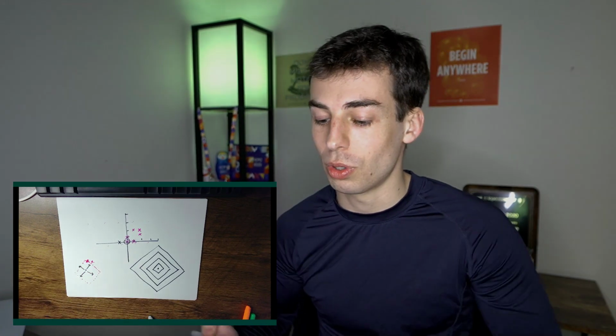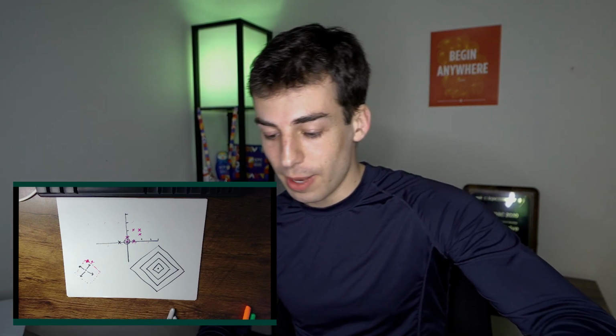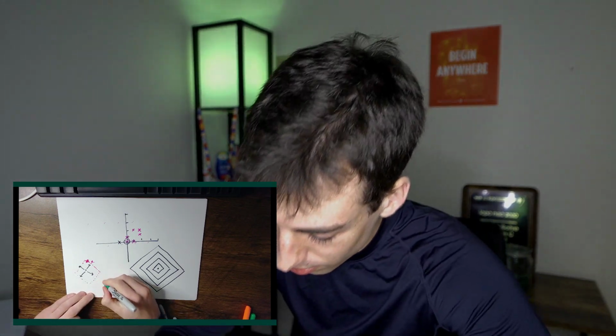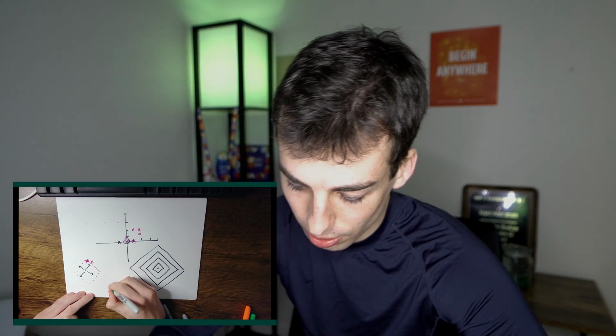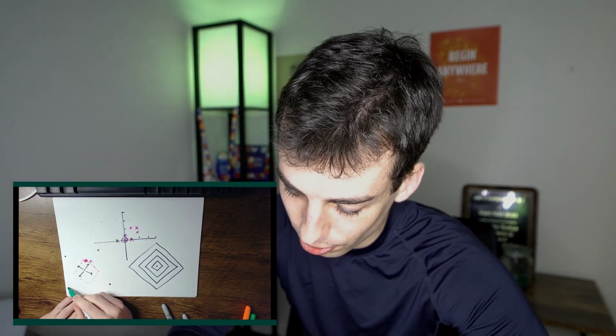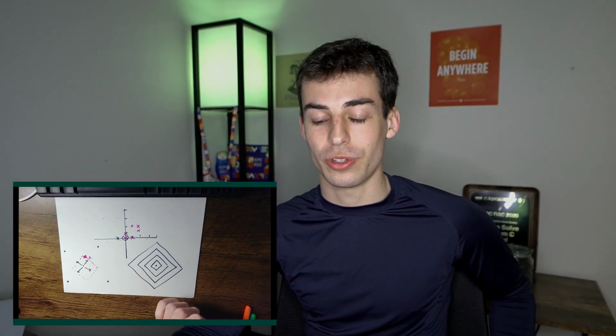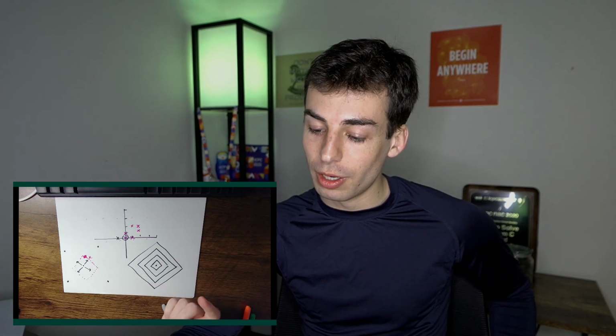But this is the point that we're going for. We can break it. The way we do that is we can add a point really far out here, here, here, and here. So obviously, none of these green points are very close to the black point. And obviously the closest point to the black point is this purple one.